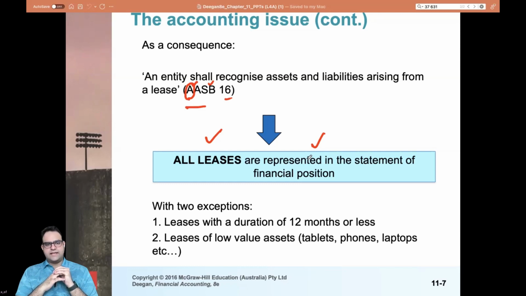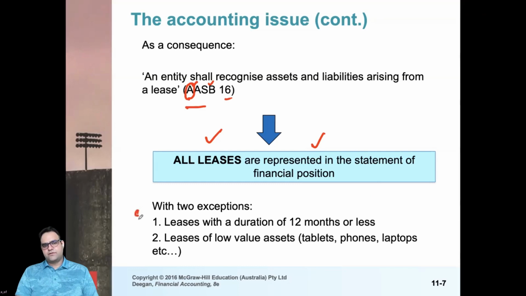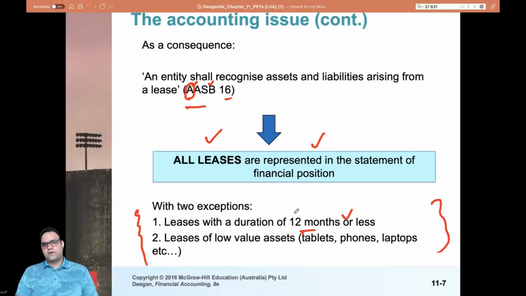In both cases, they have to recognize any asset which they get during the lease contract. However, there are a couple of exemptions. Number one is if the contract is less than 12 months, less than a year, they will not recognize it as an asset.